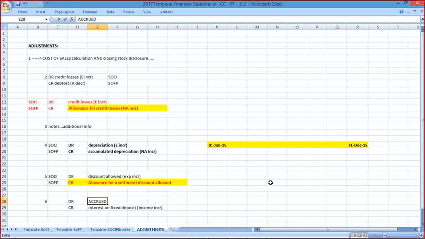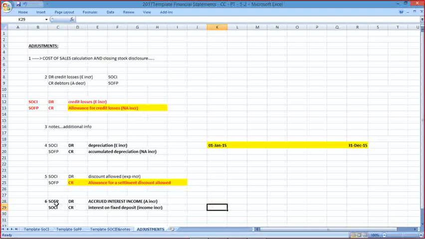I can't remember. Accrued interest income. It's accrued income. Accrued income is income that you haven't received, but you've earned it. Okay, so financial position there, comprehensive income there, and there's your adjustments.